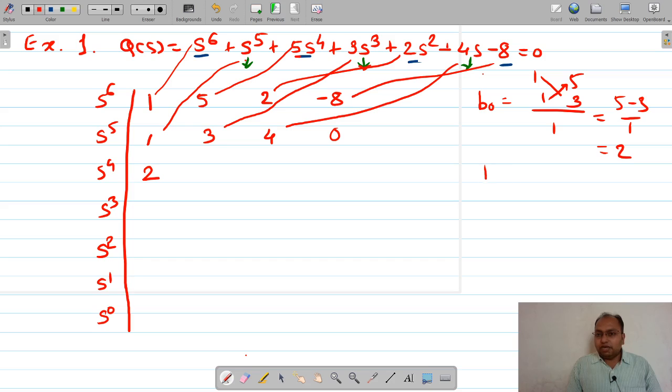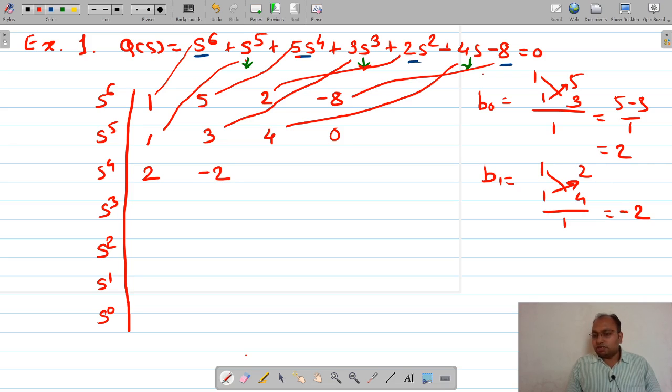Let us find out b1. b1 is nothing but 1 into 2 minus 1 into 4, divided by 1. So 2 minus 4 divided by 1 is coming as minus 2. Is that fine?